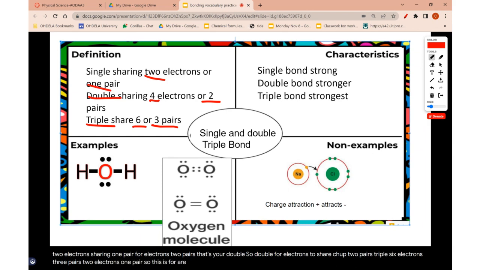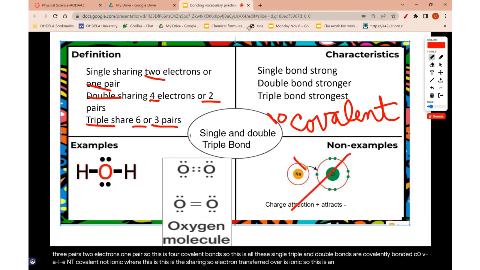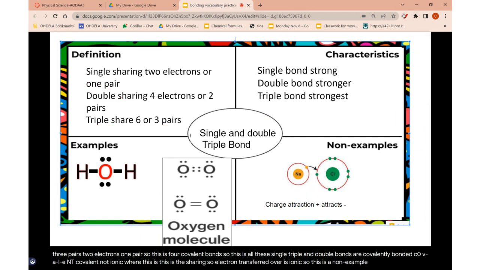So this is for covalent bonds. All these single, triple, and double bonds are covalently bonded. Covalent, not ionic, where this is the sharing. So electron transferred over is ionic. So this is a non-example.